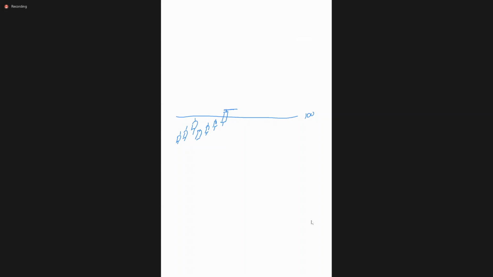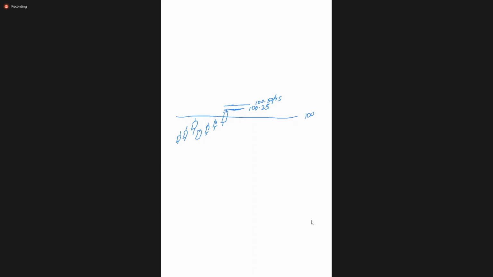So I will mark the top of my breakout candle, that is 100.25. Suppose this is 100.25. I will mark the top of this candle and I will enter slightly above it, maybe 100.50 or 45. And this is how you can avoid false breakout.